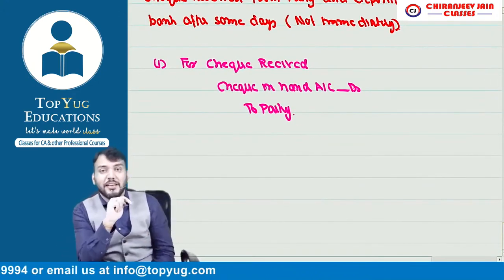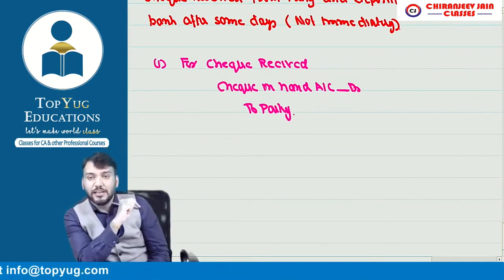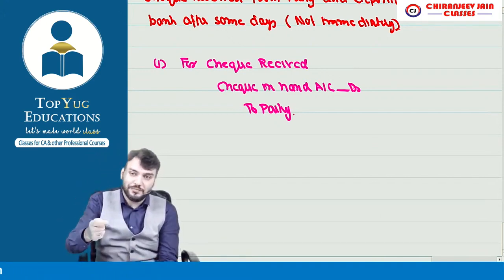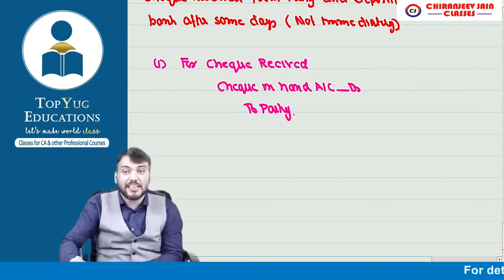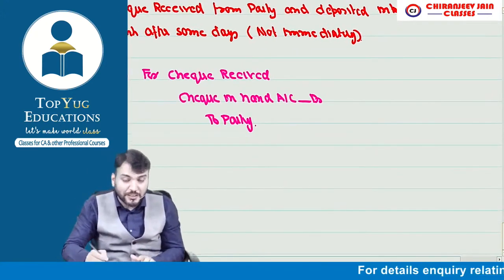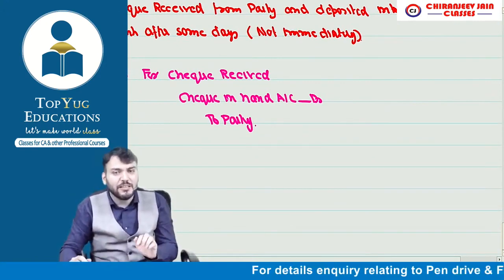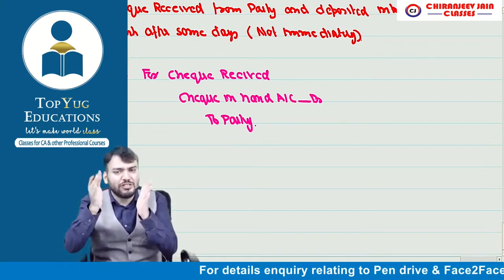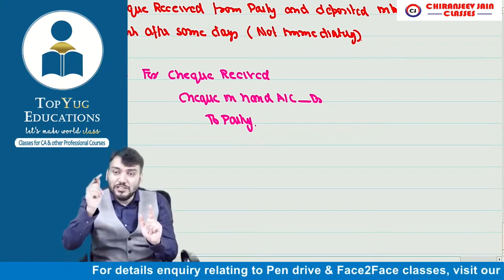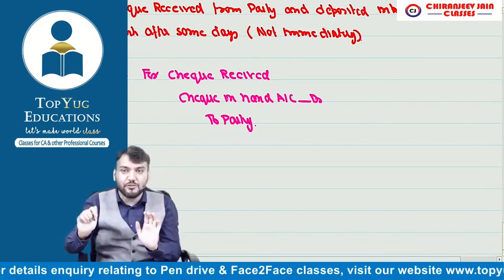Now the question is that when you receive a check, your bank balance is not increased, so this check will be treated as cash equivalent, and we will increase the cash column in the cash book. In the cash book there is no check column; we do not make a check column because there will be few transactions like this, so we do not want to complicate it. So this check in hand will be treated as cash for the cash book. Understood what I am saying?